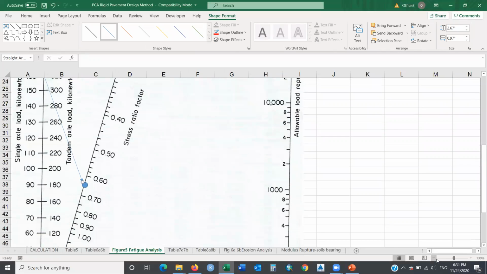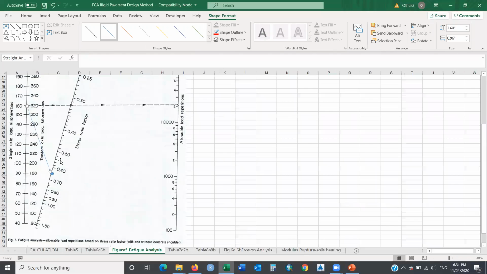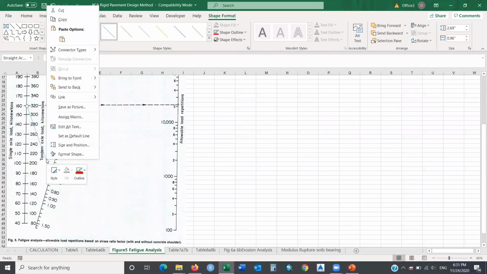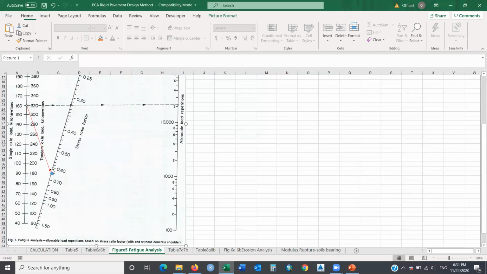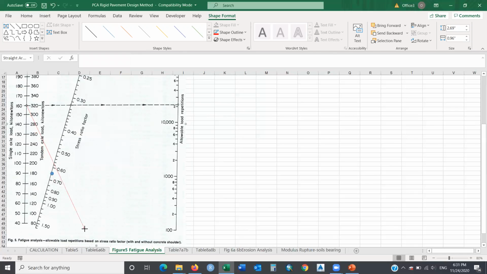I'm going to zoom out, guys, because it's easier. The value, if you see, this is allowable repetitions here. This is 10,000, this is 1,000, this is 100. And this arrow is going below the 100 repetitions. So it's going to almost 0 repetitions.